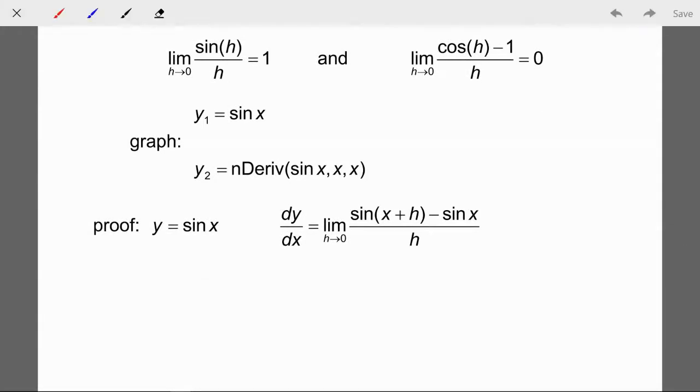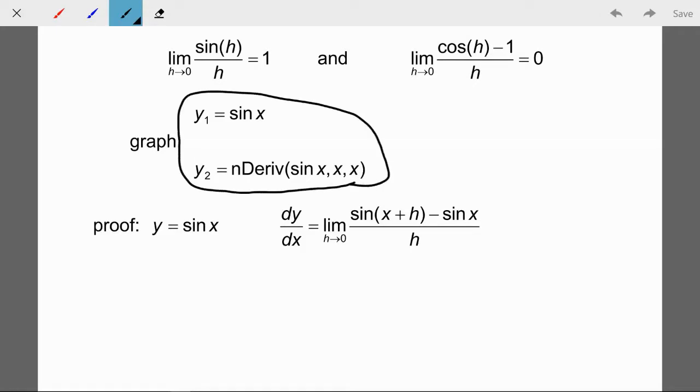Now I have this here because I wanted you to see that on your calculator, you can actually graph derivatives. So if you go in on your calculator and enter sine x as y1, and then do math 8 and take the derivative of y1, or the derivative of sine x, as y2, then that will show you the original graph of sine.